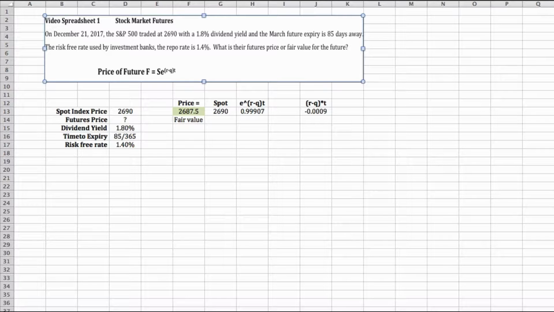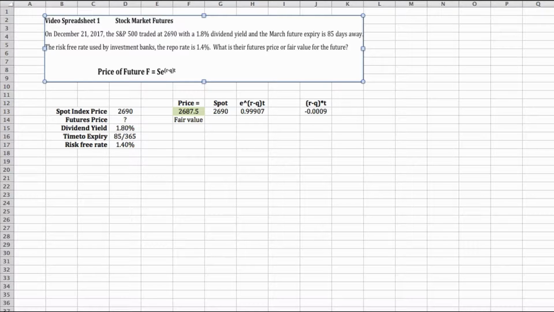Plugging it into the formula, you'll notice that we're using continuous time, which is e raised to a rate for a period of a year or a portion of a year. And so spot times e to the (r minus q) t. q is the dividend yield, r is the risk-free rate, and t is that portion of the year.